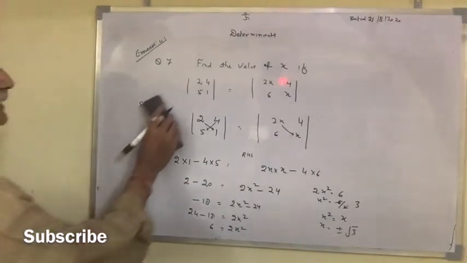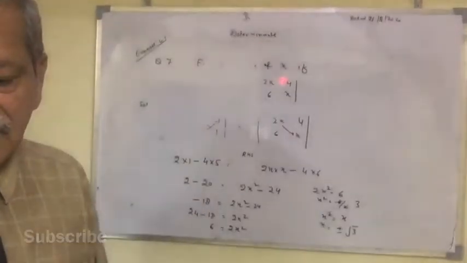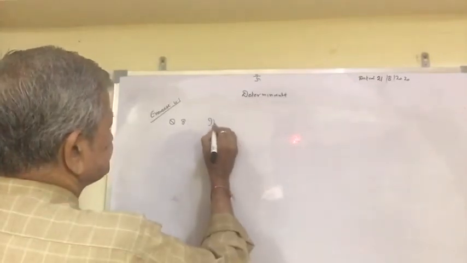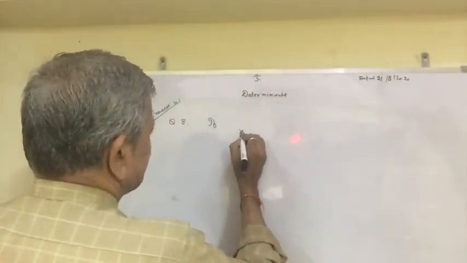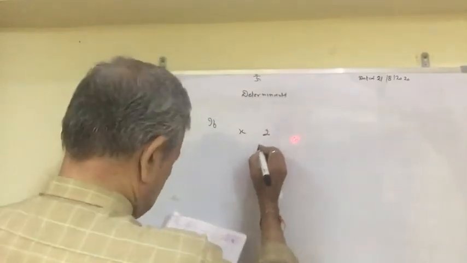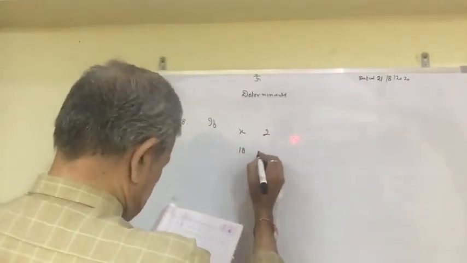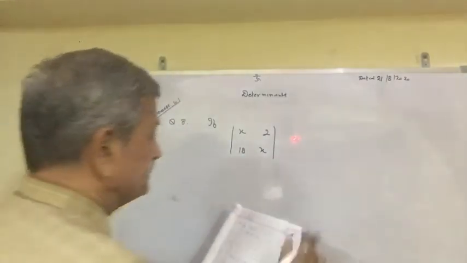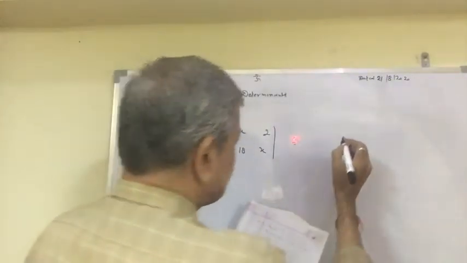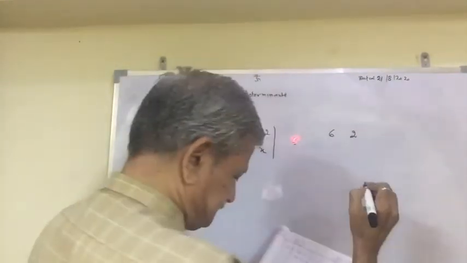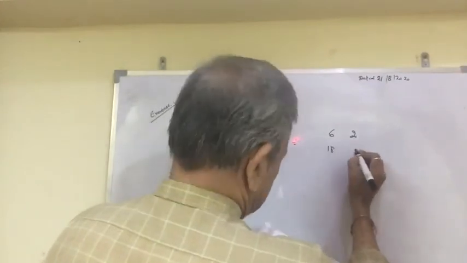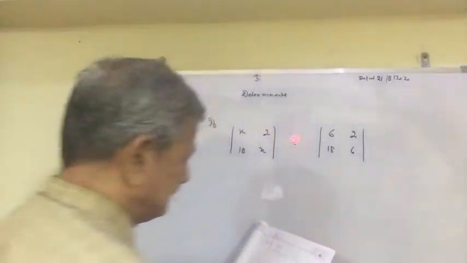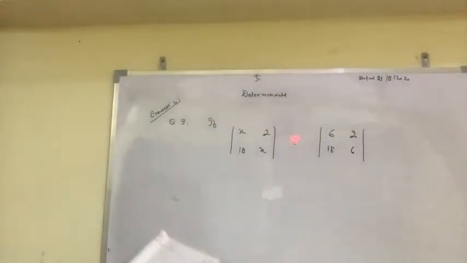Question number 8 says: if the determinant of x 2, 18 x is equal to the determinant of 6 2, 18 6, find the value of x.